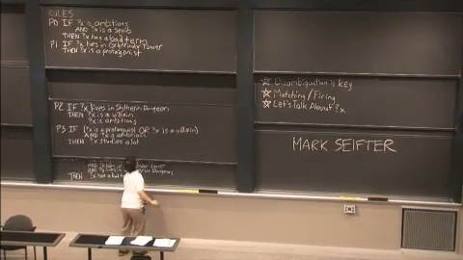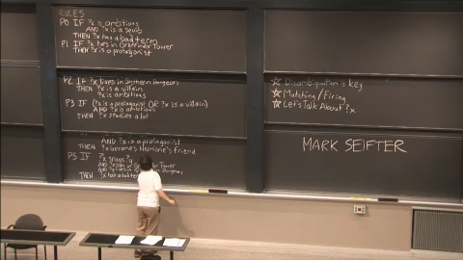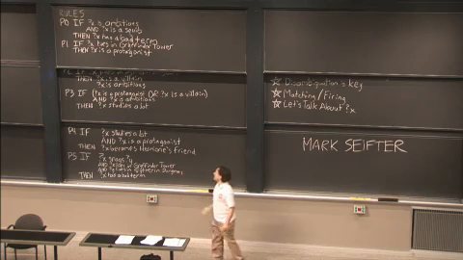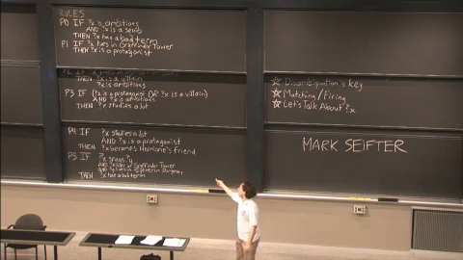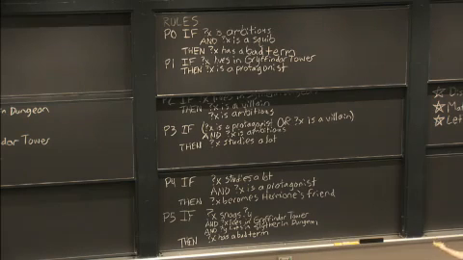So we need them to be a protagonist or a villain, and no matter what, they have to be ambitious. Rule 4, if X studies a lot and X is a protagonist, X becomes Hermione's friend. And rule 5, if X snogs Y, and X lives in Gryffindor Tower, and Y lives in Slytherin Dungeon, then X has a bad term.